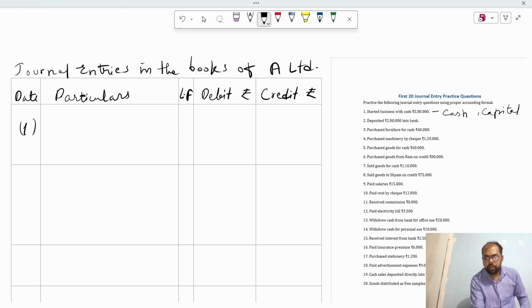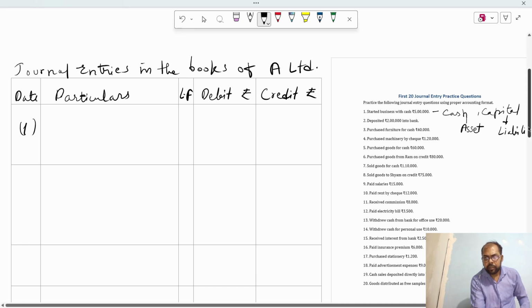We have grouped cash as an asset and capital as a liability.